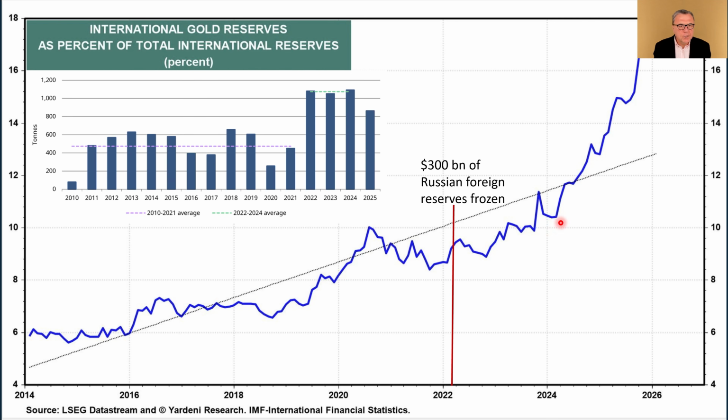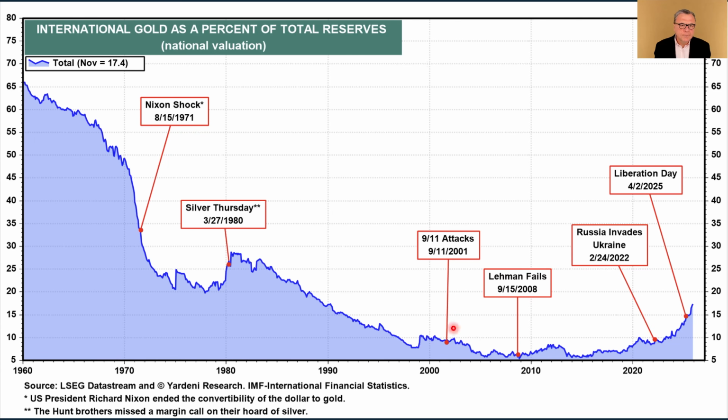Now, if we just take this curve and zoom out, we can see that the proportion of total central bank reserves around the world that were held in gold used to be a lot higher. And it's quite possible that it goes back to relatively high levels up here because of that concern about the security of foreign reserves that can be controlled by the United States and Europe.